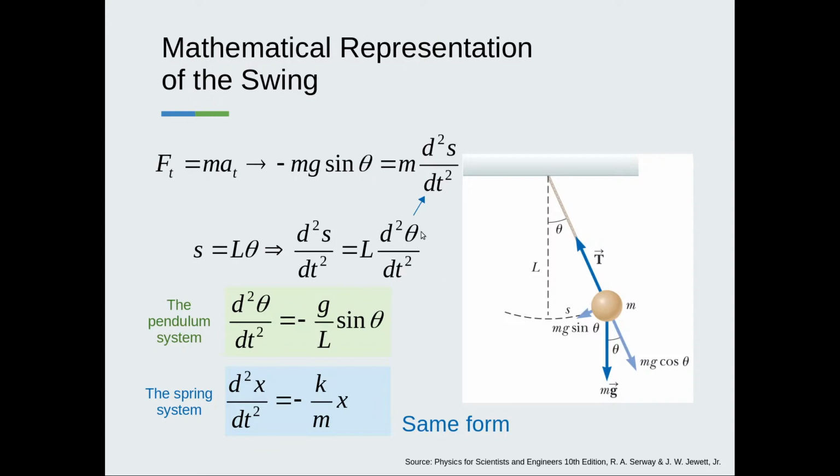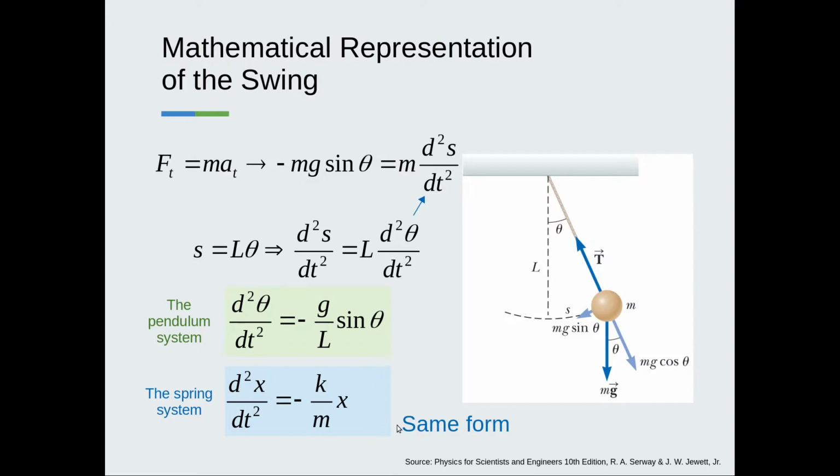Then you can put this term into the original equation, and you can do a little bit of arrangement. You can see that this is the second derivative of the angle. We have to do some tricks later, but you can see that we have the coefficient: this is the gravitational acceleration, this is the length of the string, and here's the sine theta.